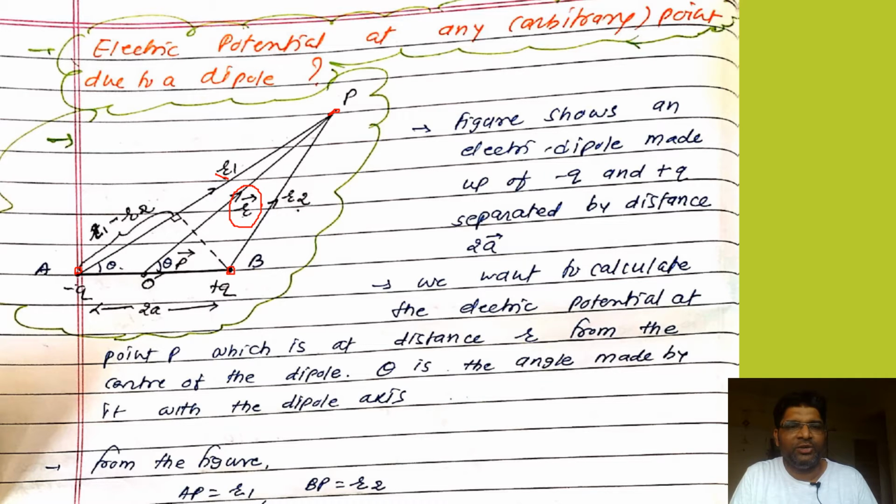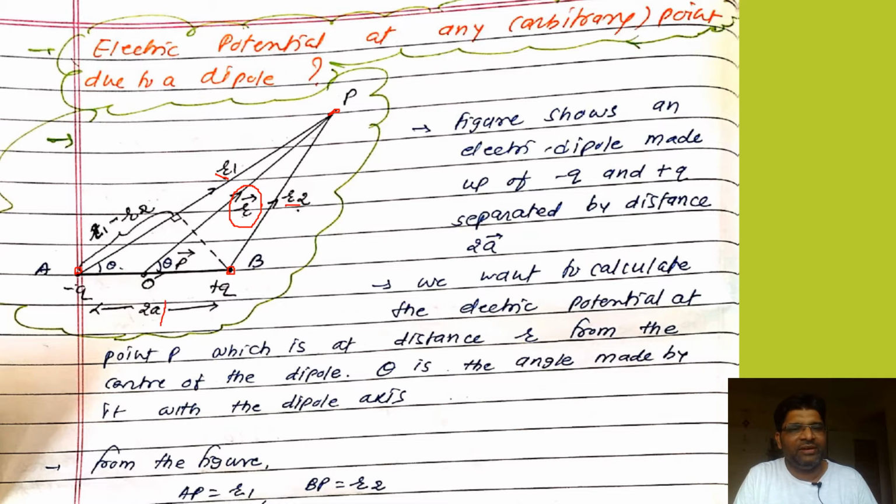R1 and R2 are the distances from A and B, that is minus Q and plus Q respectively. Let's say that P is making an angle theta with the dipole axis, that is the axis passing through minus Q and plus Q, or with the dipole moment P.